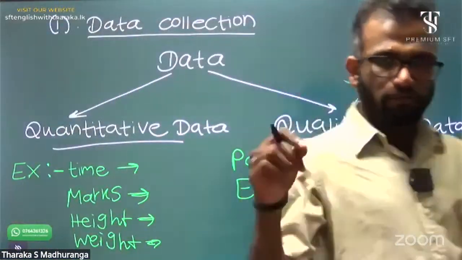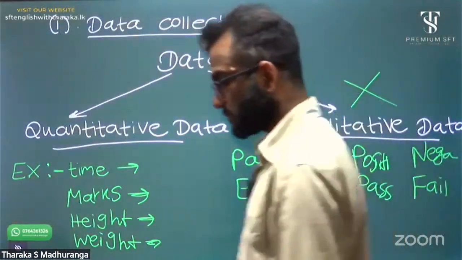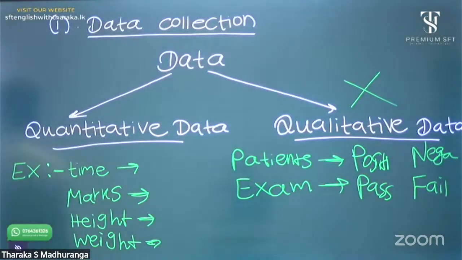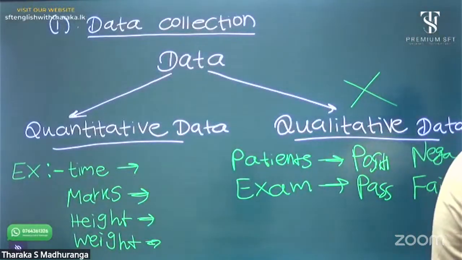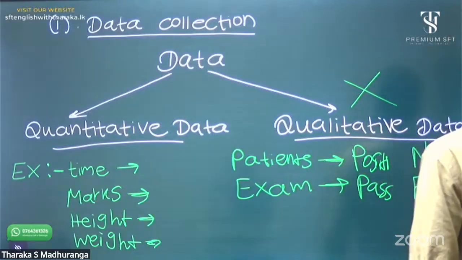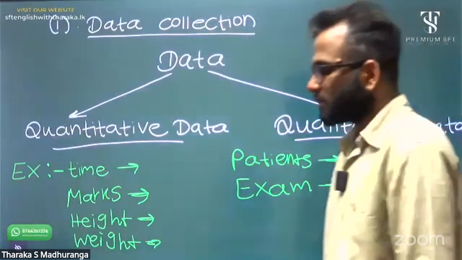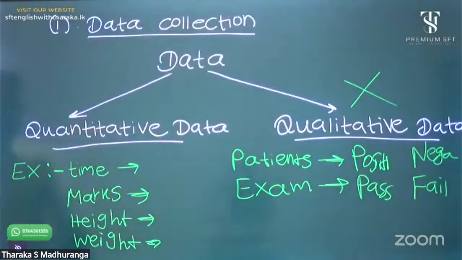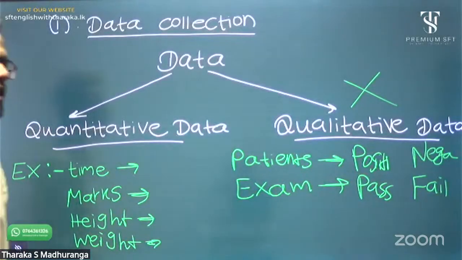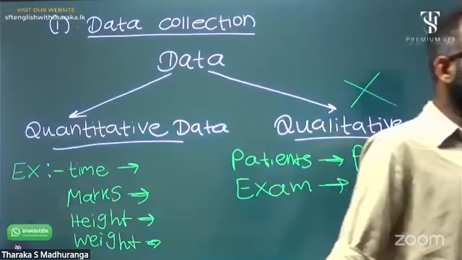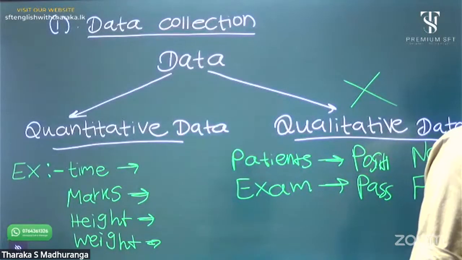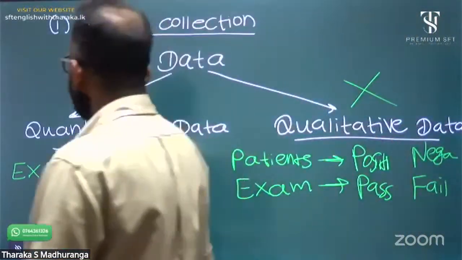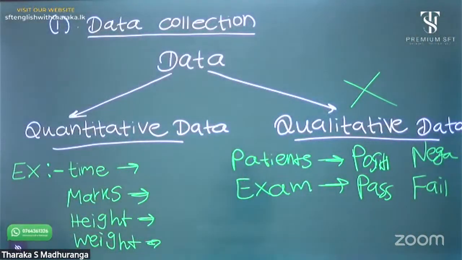Write down the first point. Any data able to collect as numerical numbers is called quantitative data.